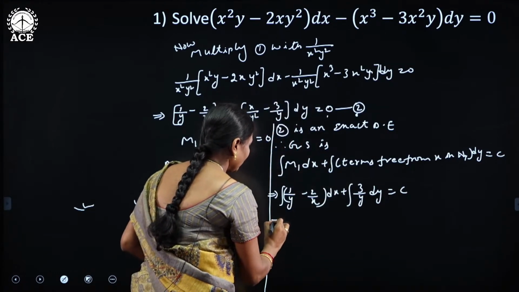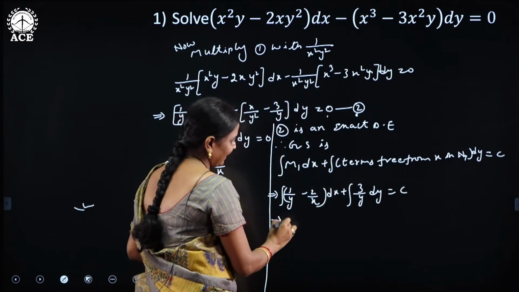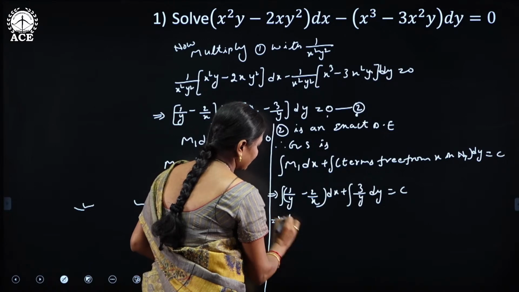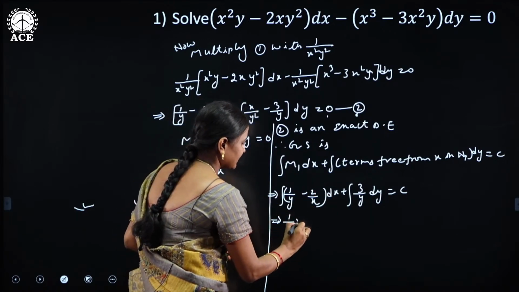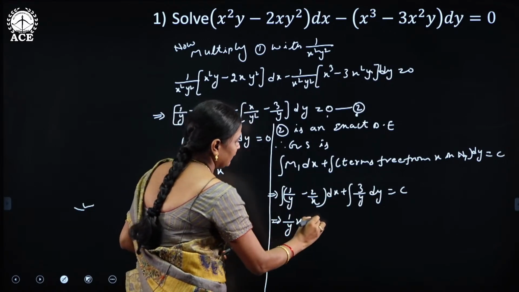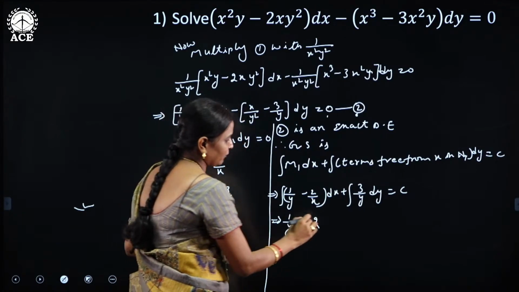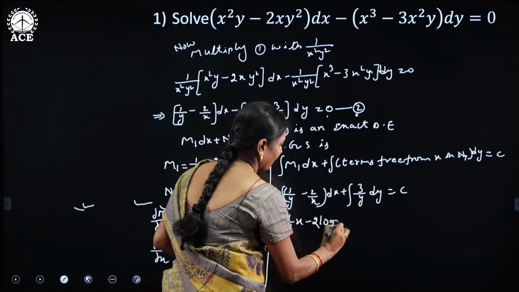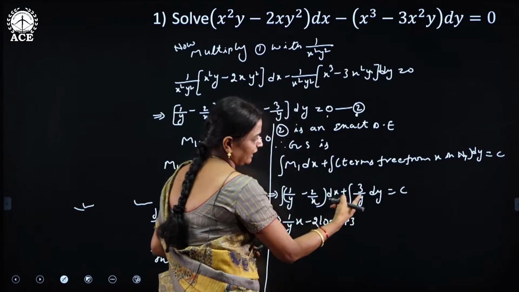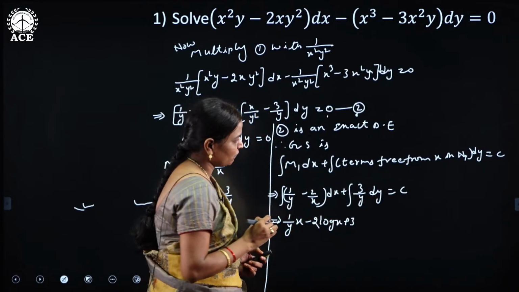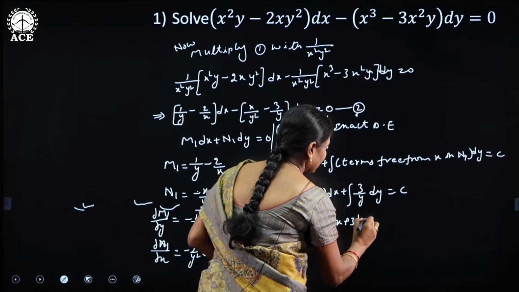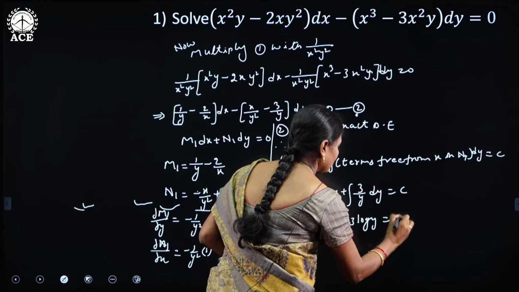While integrating with respect to x, treat y as a constant. Here 1 by y is the constant. Integration of dx is x, minus 2 into, what is the integration of 1 by x? Log x, plus 3 into, here integration is performed with respect to y. What is the integration of 1 by y? Log y is equal to c.